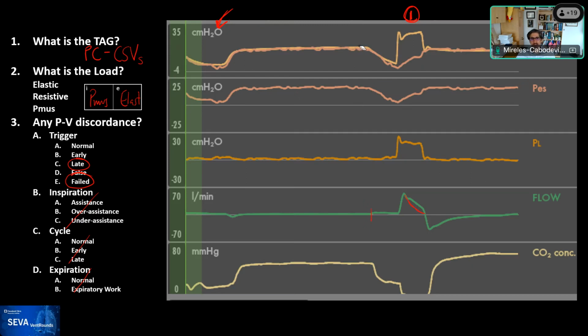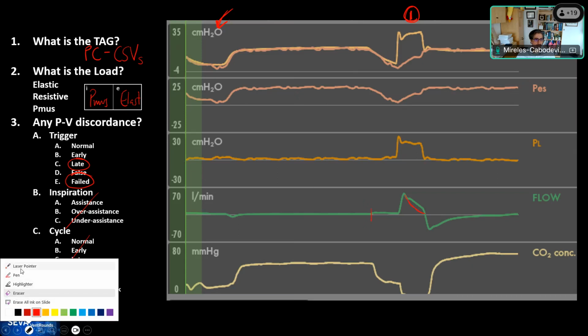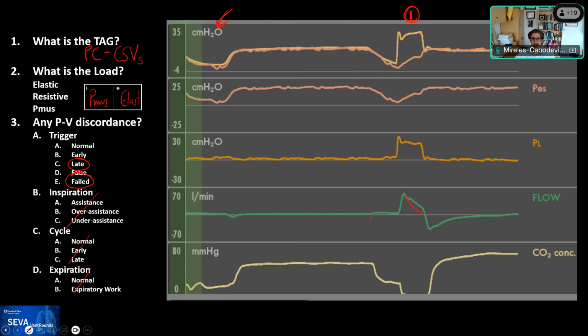So if you think about this, as the pressure is becoming negative right here, you're going to put a value that is negative. So let's say that it went down to -5, to say something, and the esophageal pressure also went to -5, right?